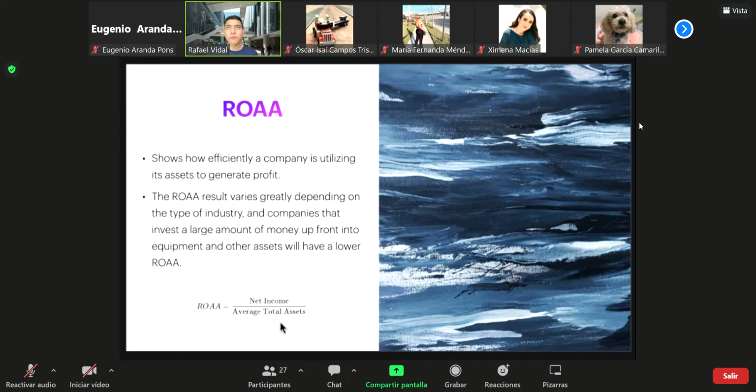If you have, let's say, a low number from 5 to 10, that means your company, or in this case the industry, if you want to enter the industry, will need a high amount of capital. The soda industry, for instance, has a low return on average assets on average.